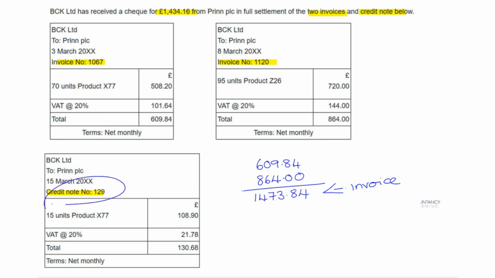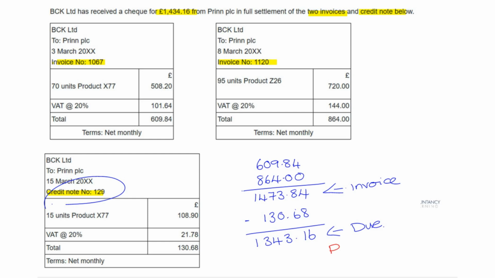But we've now got a credit note that we need to deal with. So we're then going to take off our £130.68 credit note to give us £1,343.16, and this is the amount that is due for these 2 invoices and credit note.